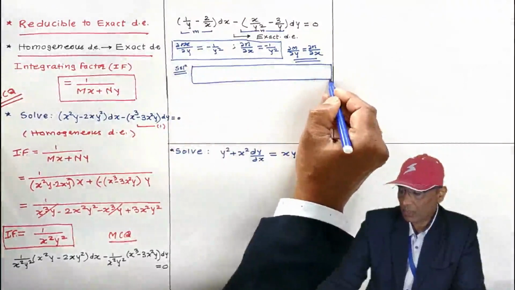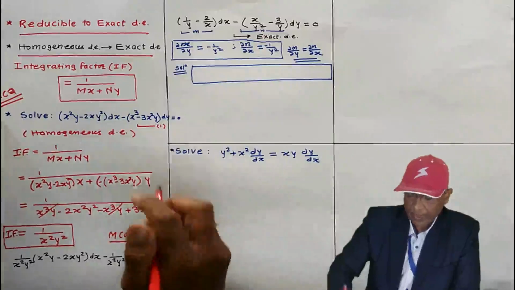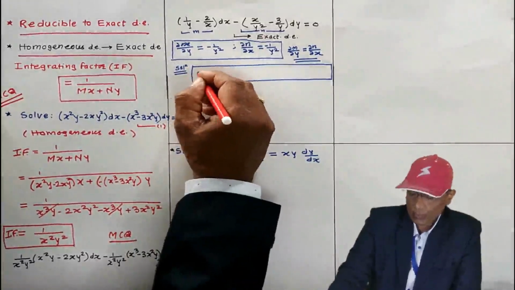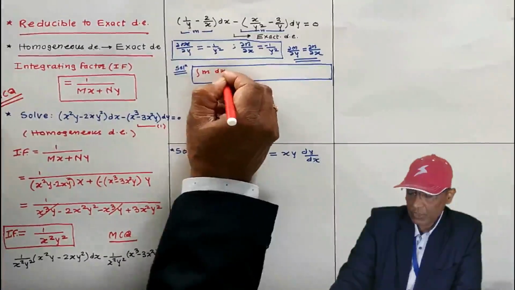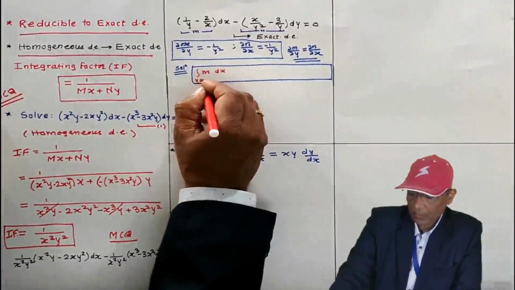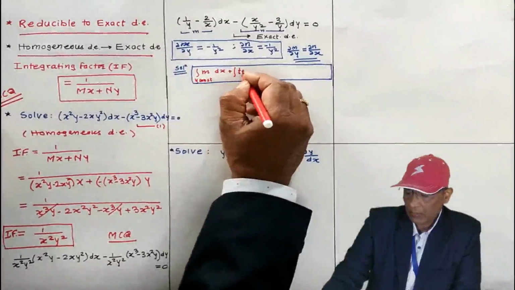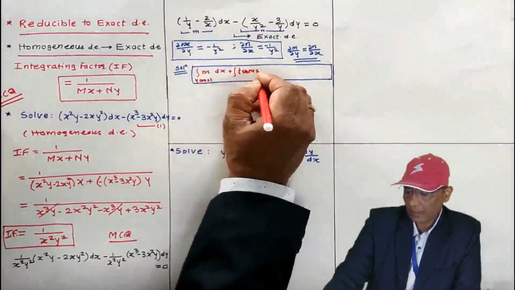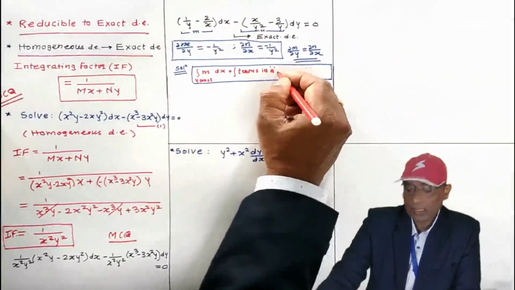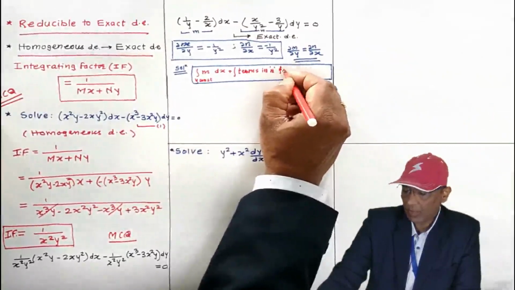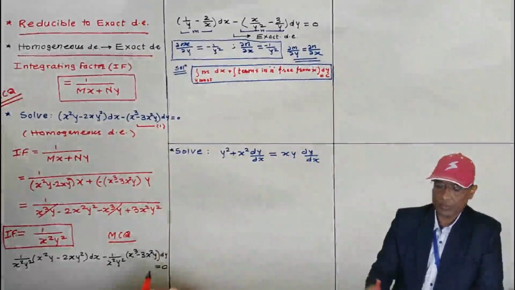The format for the solution of an exact differential equation: integral of m, we integrate m with respect to x keeping y constant, plus the integral of the terms in n not containing x, or in short free from x, dy, is equal to c.